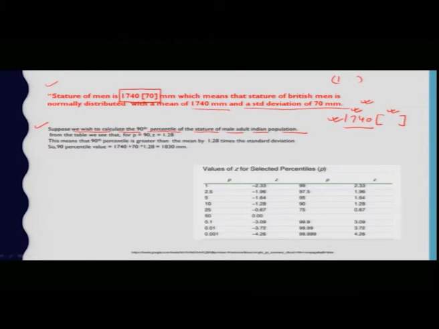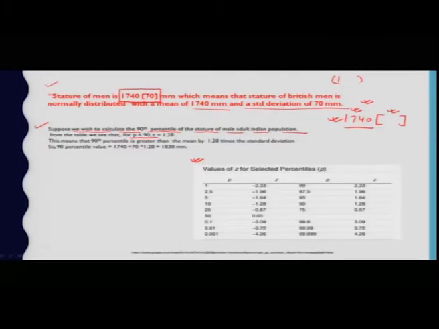I have put one table for you, so that the z score value can be taken immediately for our calculation. From the table we can see that corresponding to p equals 90, there is a z score value of 1.28. So, the formula is known, and it is very easy for us to calculate this.